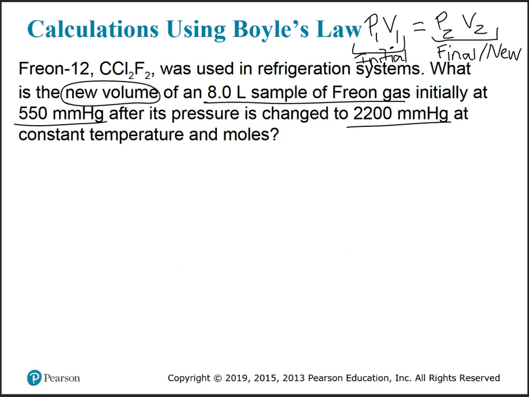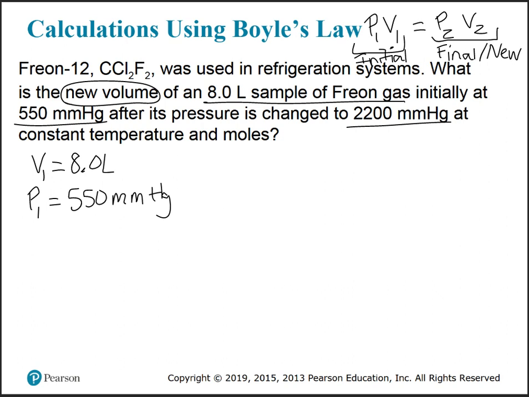So we have a volume of 8 liters. That's what we're starting with. We also have a pressure that we'll call P1 at 550 millimeters of mercury.